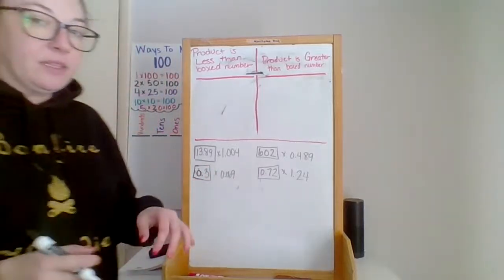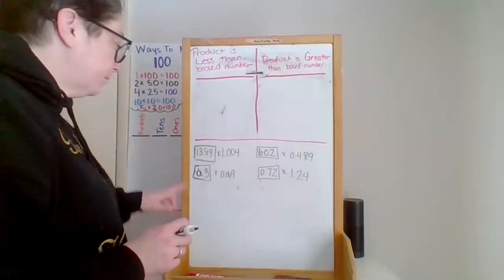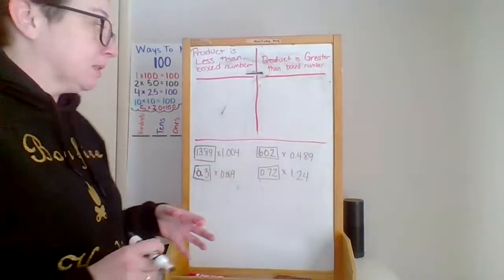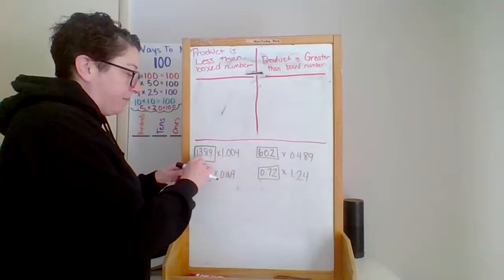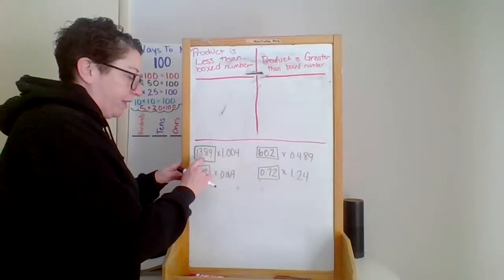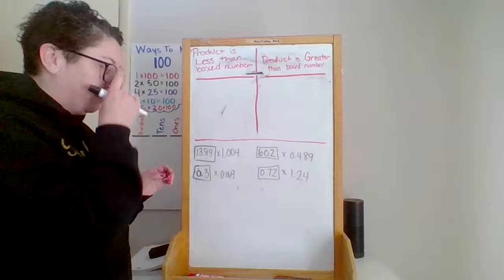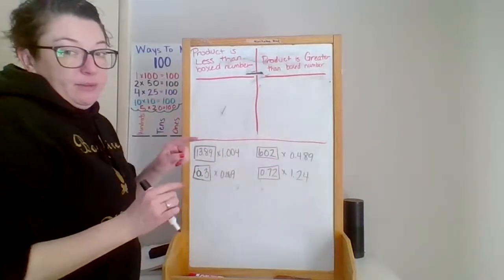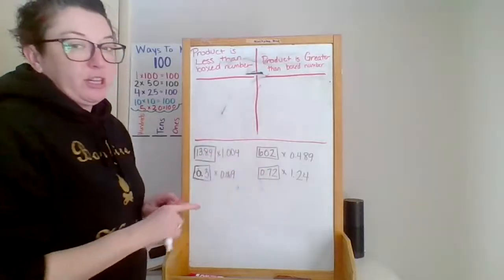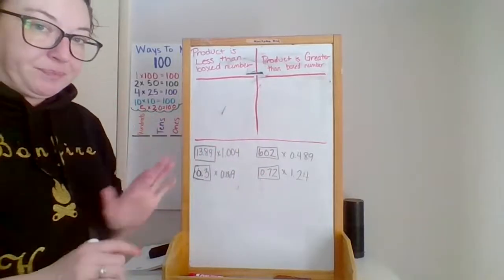Down below, we have some expressions. One of the numbers is in a box. So that's the number we're looking at. Will the product be more than this number or less than this number? Whichever one is going to be true, we will move that expression into that side of the chart.